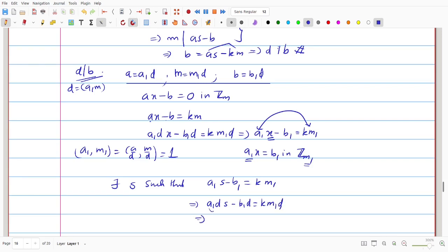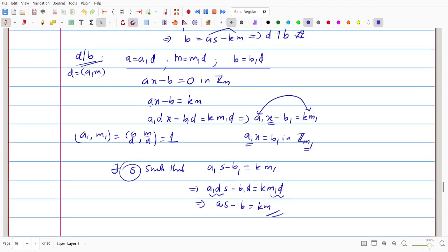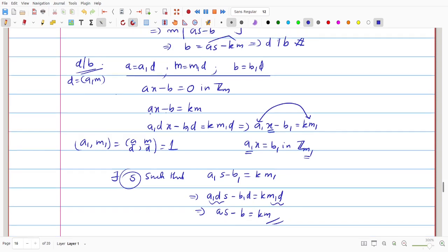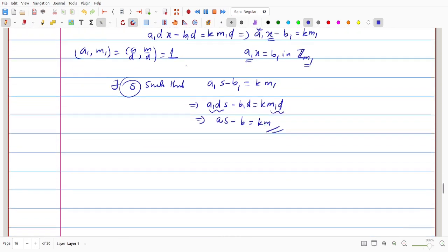What is A1D? A1D is A, into s, minus B1D is B, that is equal to M1D is M, so this is equal to KM, which shows that there exists an integer s such that As minus B equal to KM. So this is a solution. That means if D divides B, then this equation has a solution. If D does not divide B, then this equation does not have a solution. This is the first part of the theorem.